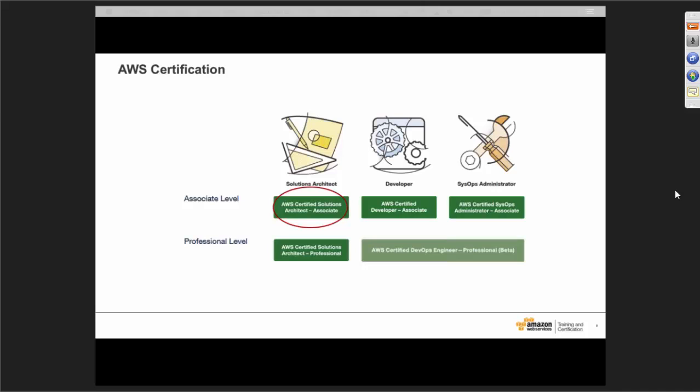There's a question, how long can you wait after you pass the AWS CSA? I'm actually not sure what that's referring to. So I'll wait for Alexandra to give me more information.